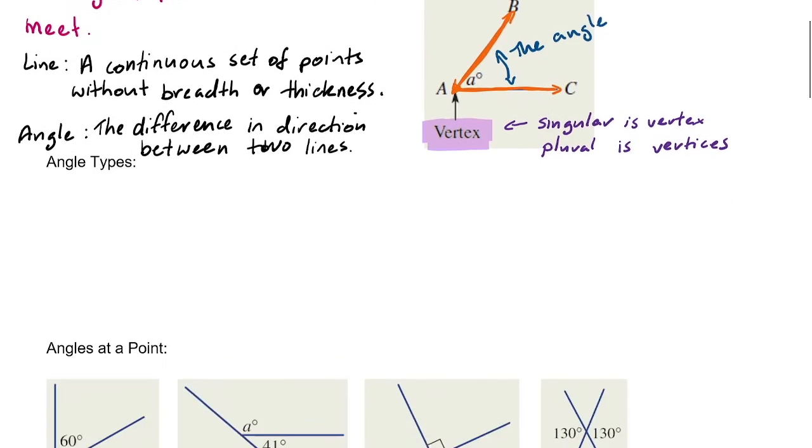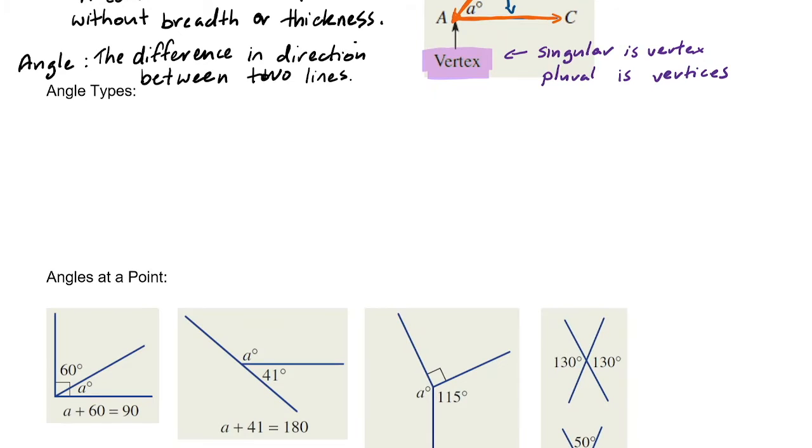The angle types, well, there's a bunch of different angle types. We can have acute angles, and these angles are between 0 degrees and 90 degrees. Acute angles are between 0 degrees and 90 degrees.